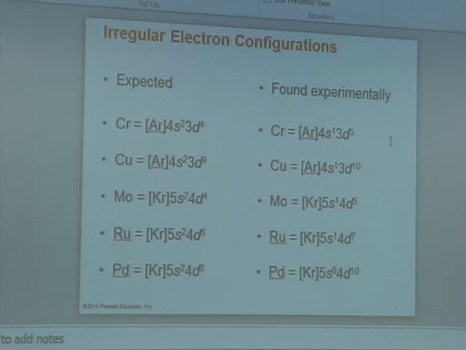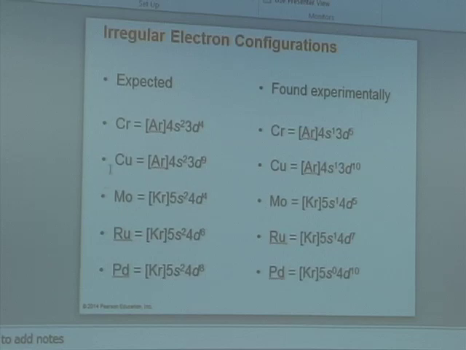Why? Because we need to fill the degenerate levels first, so we put an electron in each d orbital, because 4s2 3d4 is not as stable, potential energy-wise.